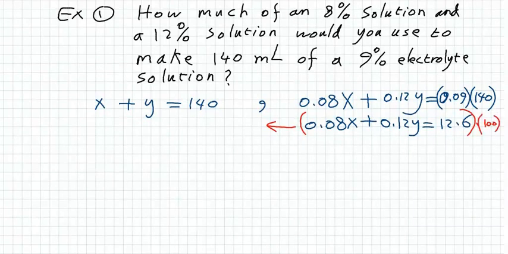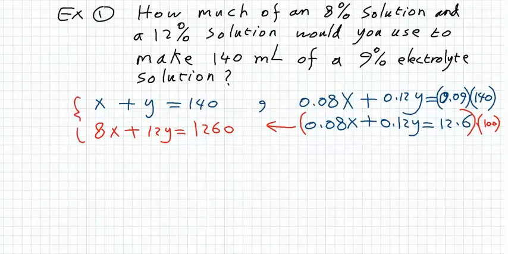The result is 8x plus 12y equals 1260. Now try to solve these 2 equations by the method you liked from the methods you learned before.